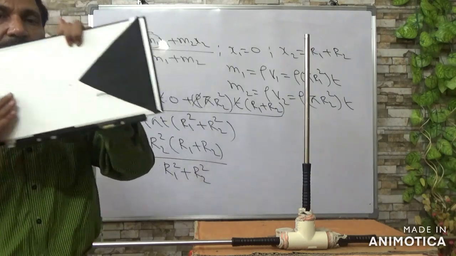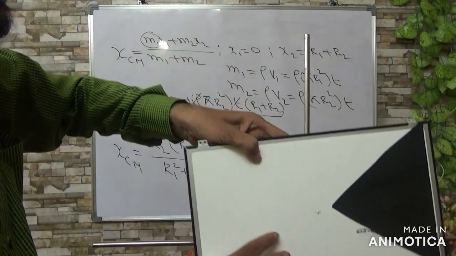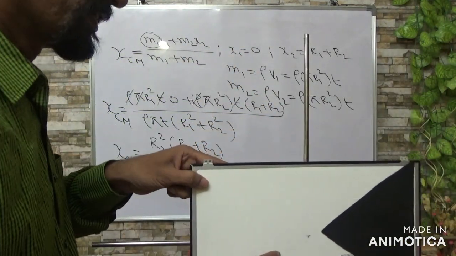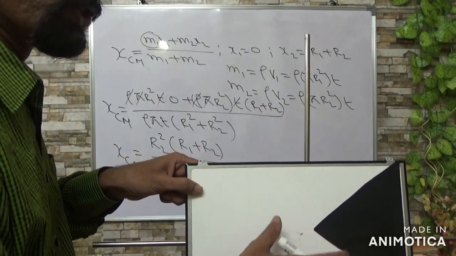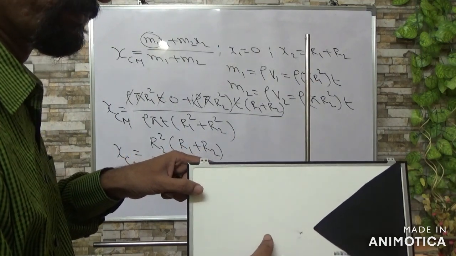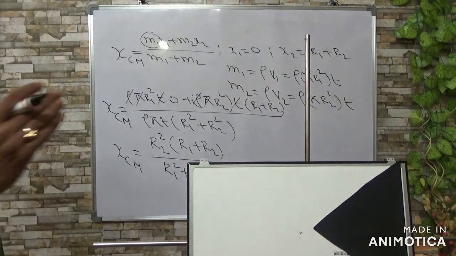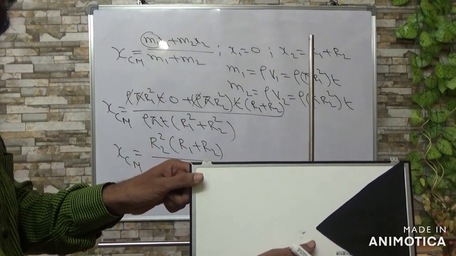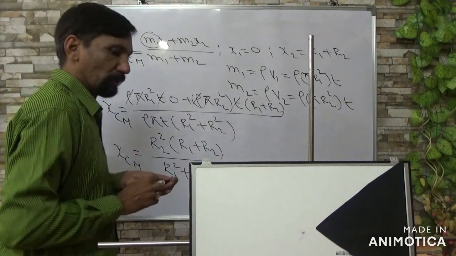Very simple. So assume that this body is placed such that the center of the body coincides with the origin. Okay, in this way.